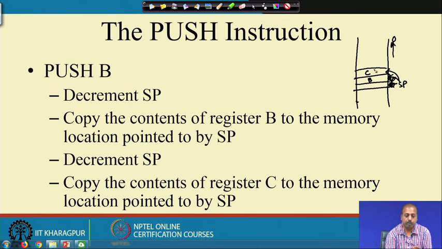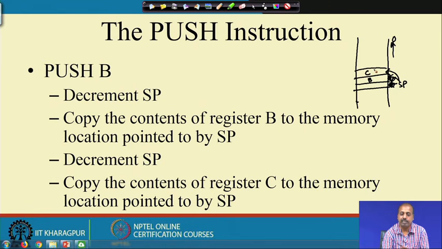So, when you say push B, it first decrements the stack pointer, then copies the content of the B register onto that, and then decrements the stack pointer further and copies the C register content. You remember that in the case of 8085, the lower order byte is always stored in the lower order address location.